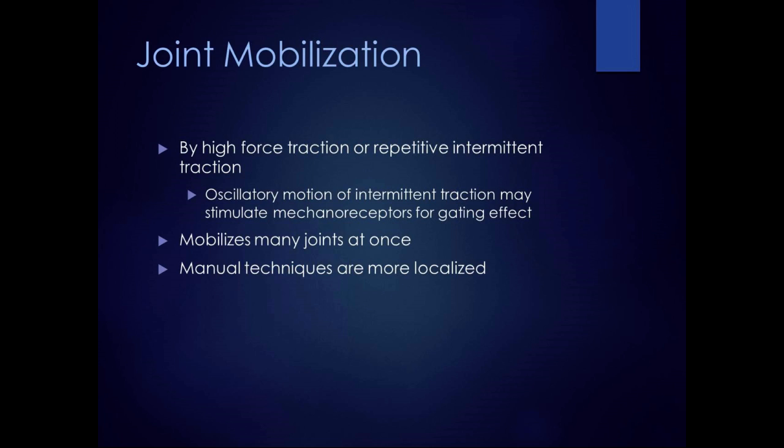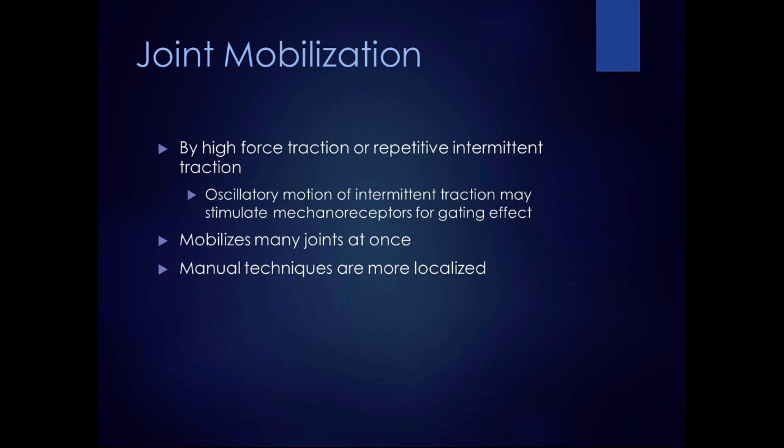So joint mobilization by high traction force or repetitive intermittent traction stretches soft tissues using that high force traction. The oscillatory motion of intermittent traction can stimulate the joint surfaces. It stimulates mechanoreceptors and can produce a gating effect. That can also happen when you do peripheral joint mobilizations, which you will learn in your manual therapy class next fall.